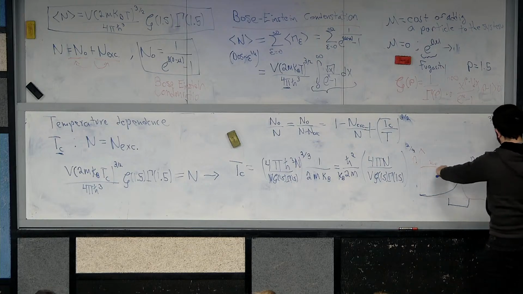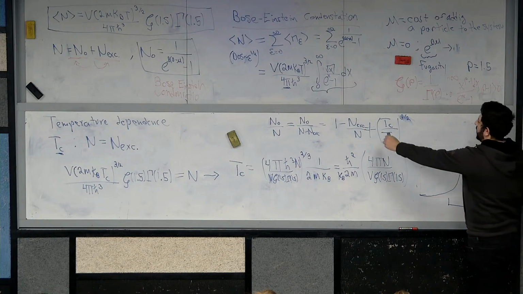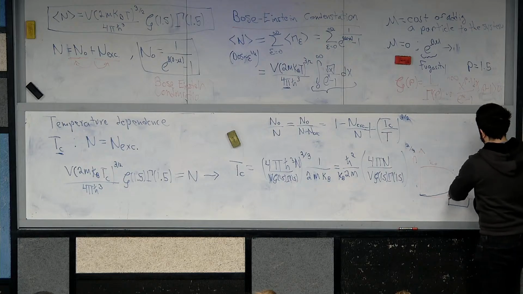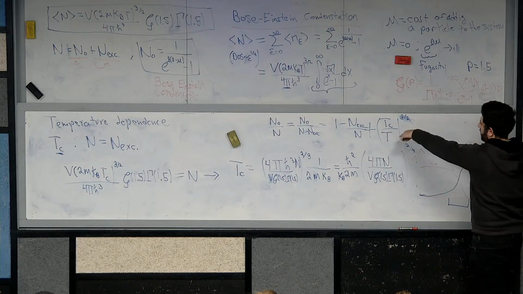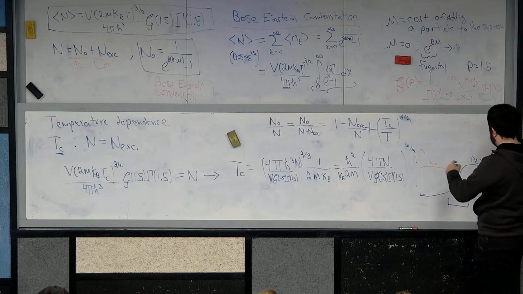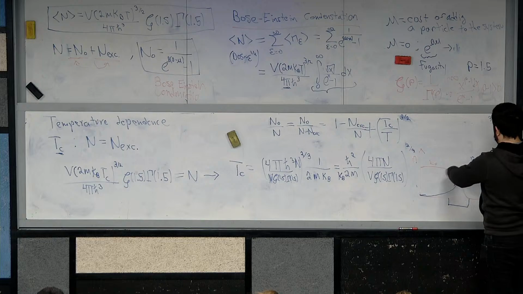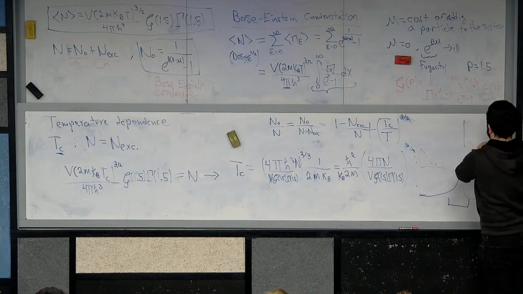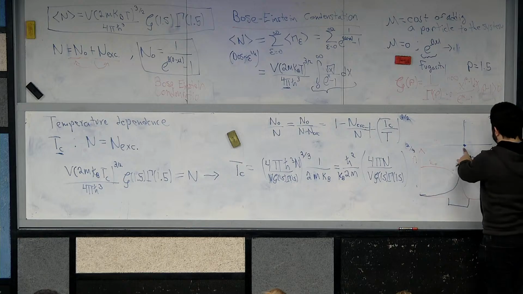So when we turn on temperature, you can see it from here, right? This graph goes as T over T1 to the 3/2. So when we increase temperature, then the number of particles in the excited state starts increasing. So do you remember this plot that I did? At 0 temperature, everyone's sitting here, right?